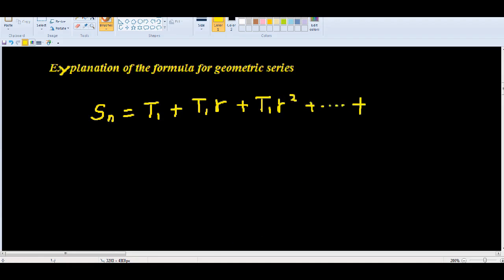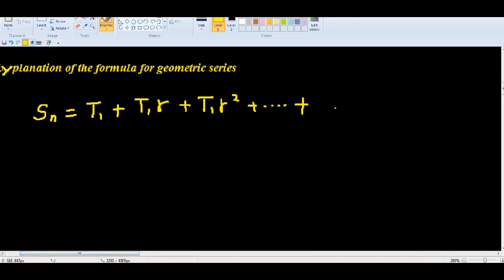And we have up to the n minus 1th term, Tn minus 1, which should be T1 times R to the power n minus 2, right? And the last term will be Tn, so Tn will be T1 times R to the power n minus 1. This is just the formula for geometric sequences.